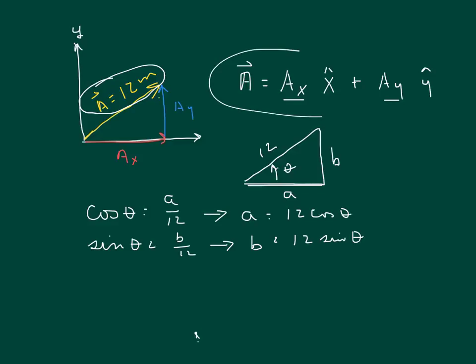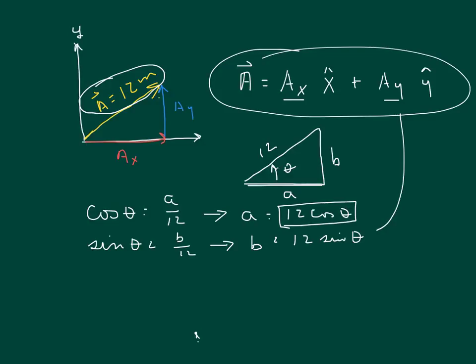Now, we take our vector here. We know that AX becomes 12 cosine theta. AY becomes 12 sine theta, and we rewrite our vector A is equal to 12 cosine theta in the x direction plus 12 sine theta in the y direction.